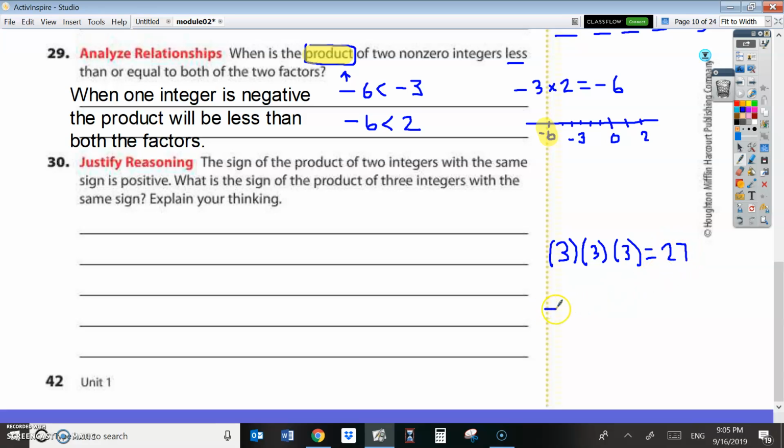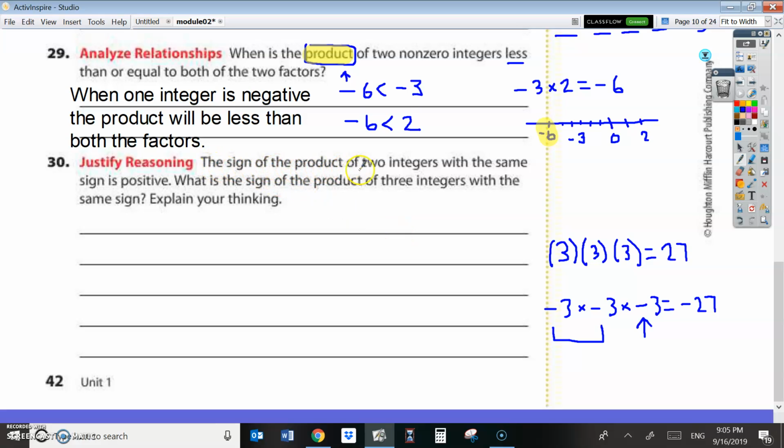But if you have negative 3 times negative 3 times negative 3, then these two negatives cancel, but then this negative makes it negative again, so you have negative 27.